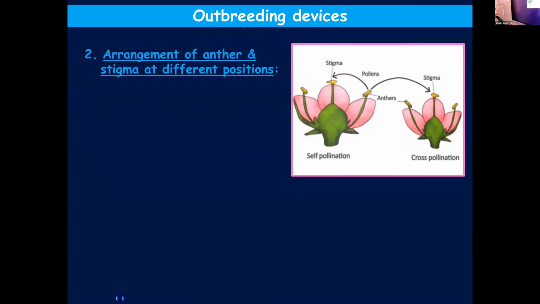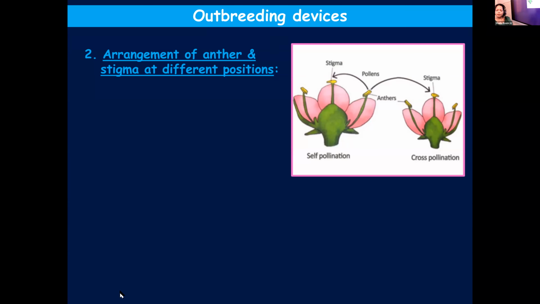Now moving on to the second technique, arrangement of anther and stigma at different locations. This condition also we had discussed when we were learning about autogamy. To ensure autogamy, anther and stigma should be closely located, so chances for self-pollination will be more.